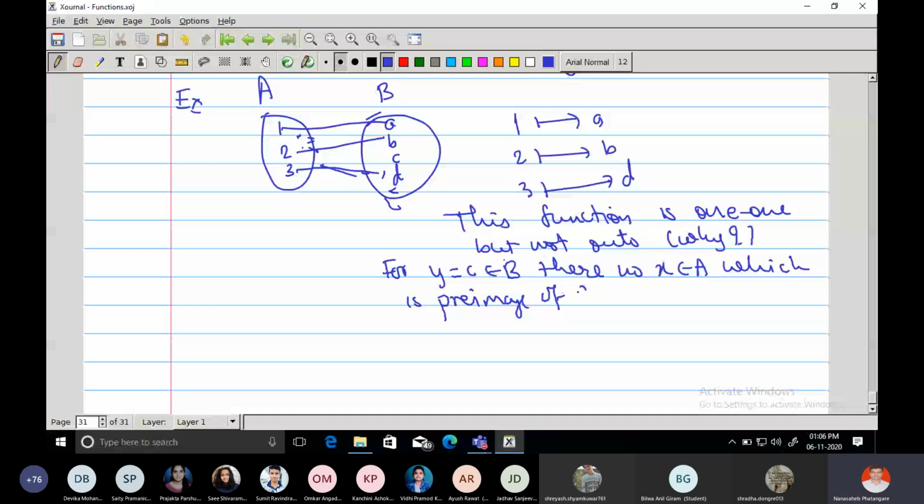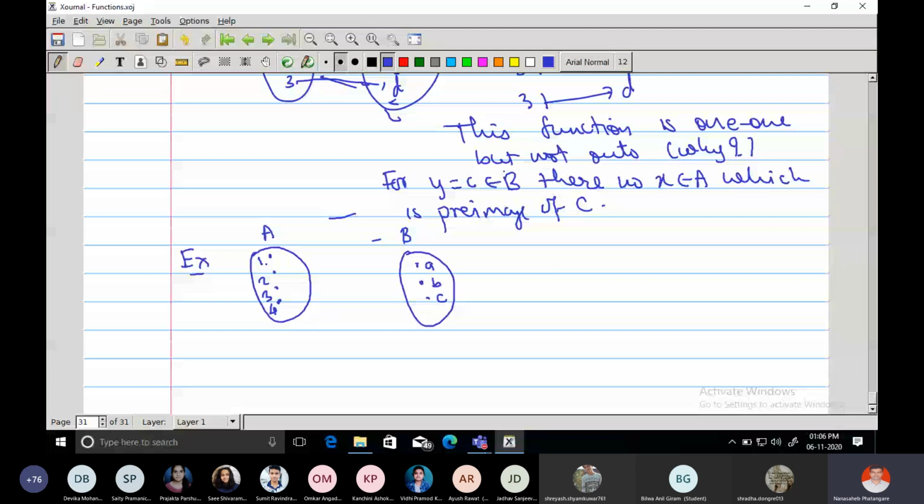But if I define another function, so A is 1, 2, 3, 4, and suppose my set B is a, b, c, and I define a function: 1 goes to a, 2 goes to b, 3 goes to c, and 4 goes to c.